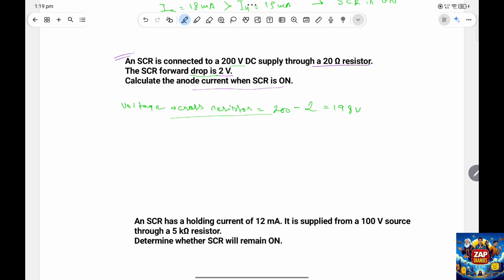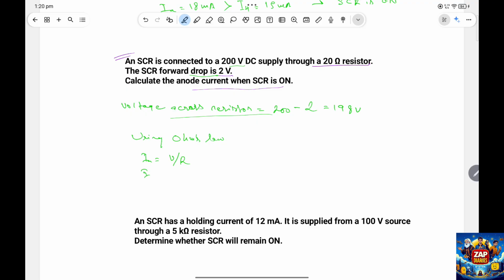Now using our dear Ohm's law, we get IA, that is the anode current. It is the simple current, V by R, current equals V by R. Here we are calculating the anode current.